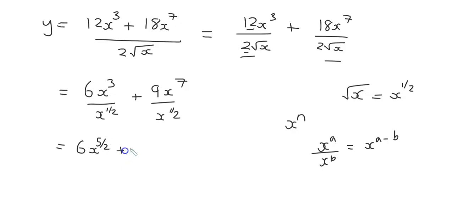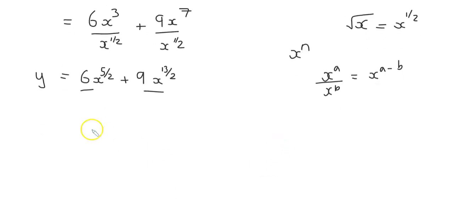Okay, and then the next term plus 9, and then same idea, x to the 7 minus a half, which is 6.5, which is 13 over 2. So here's our function. So we've done quite a bit here. We've gone from this large fraction and we've cancelled it down to this. We've got two terms now, and we can differentiate each one individually.